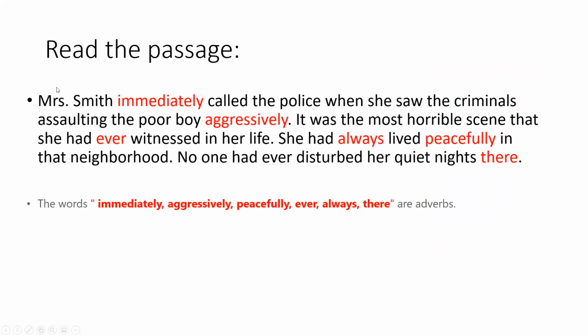Let's read this passage and you can find the words in red that are the adverbs. Mrs. Smith immediately called the police when she saw the criminals assaulting the poor boy aggressively.